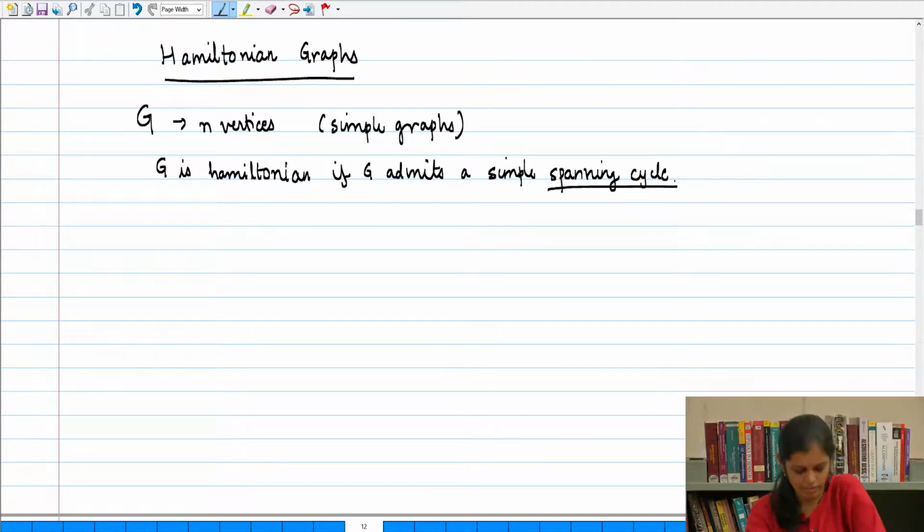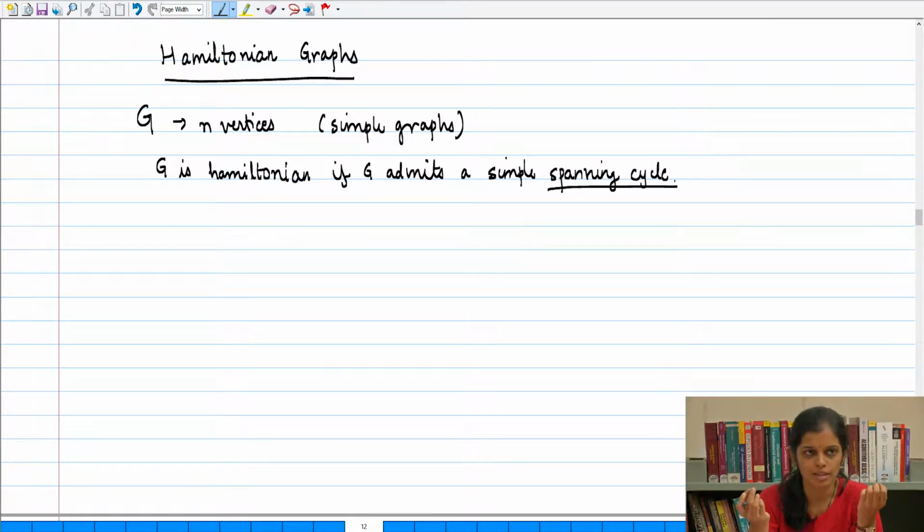So we have this very simple task: given a graph in its adjacency matrix or adjacency list representation, again we will stick to the adjacency list representation, we would like to answer this question: does this graph have a Hamiltonian cycle? That's the only question. It's a decision question, it's not computing anything.